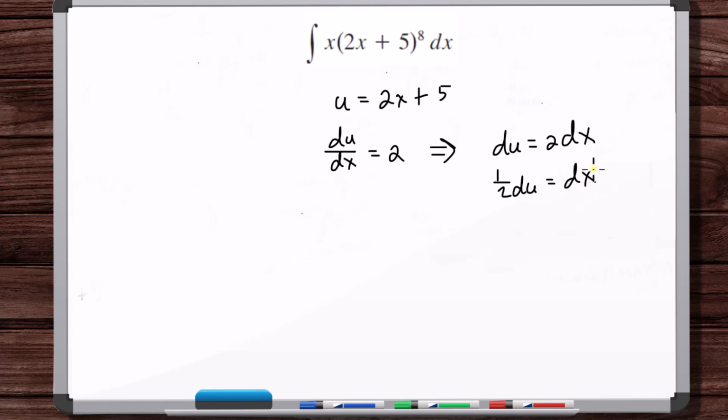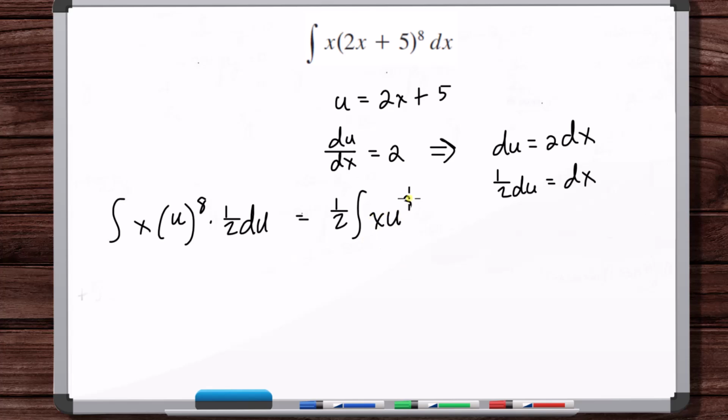Okay, so what we get is x u to the 8th times 1/2 du.